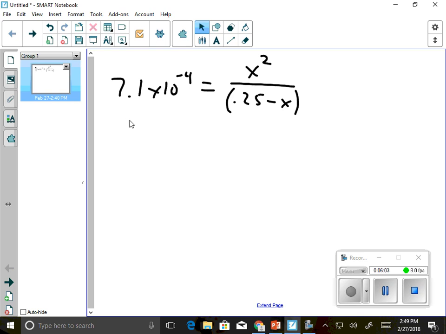If there is more than a 100-time difference between the concentration and the K value, so in other words, these two values are not similar to one another power of 10 wise, what that should tell you is this minus x, this loss of a certain amount from the 0.25, is going to be a very tiny amount. So small that you might even say it's negligible. It's not going to actually change its value.